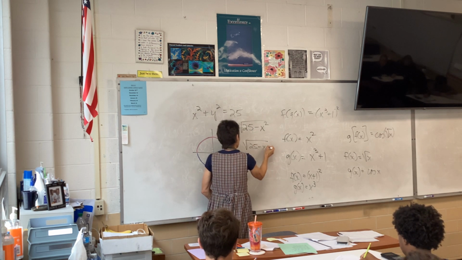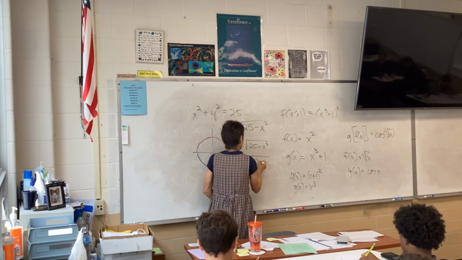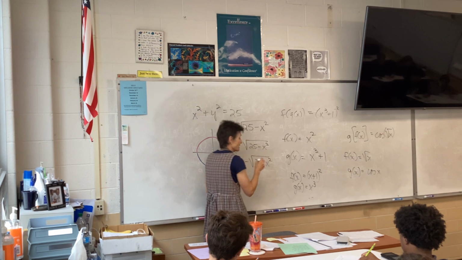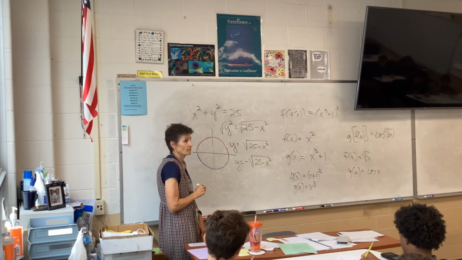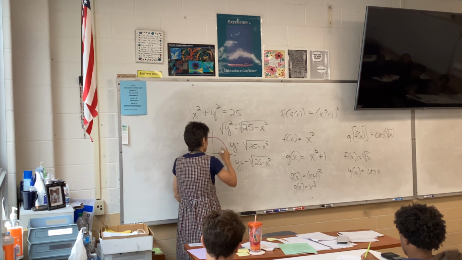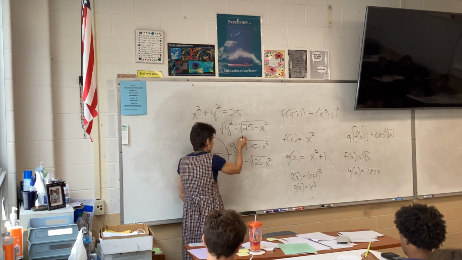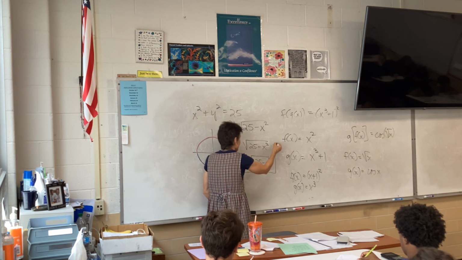You cannot split this, boys and girls. The minute you put that minus sign in there, this stays this. Take the square root of both sides, positive and negative. So here are my implicit functions.